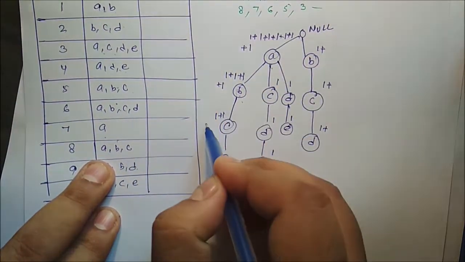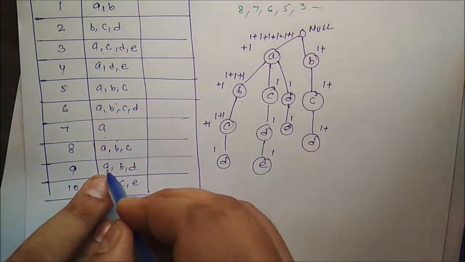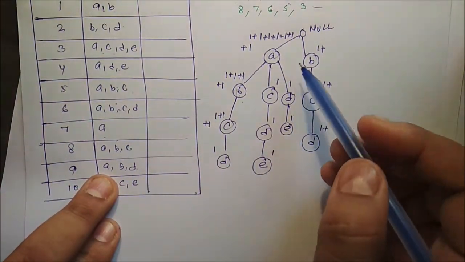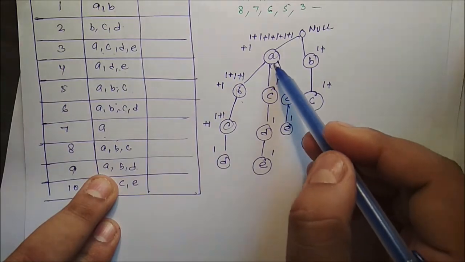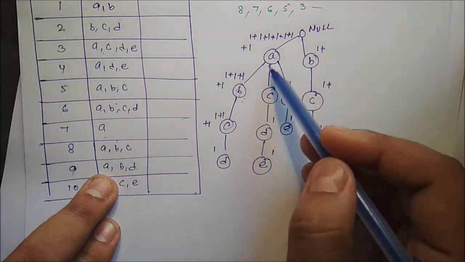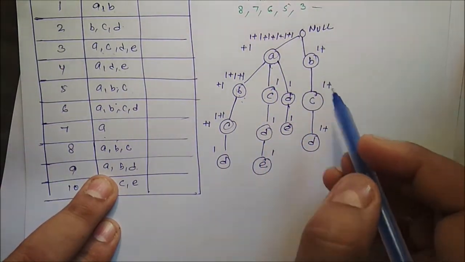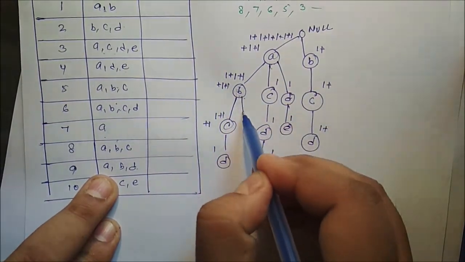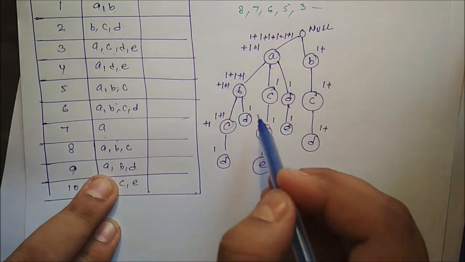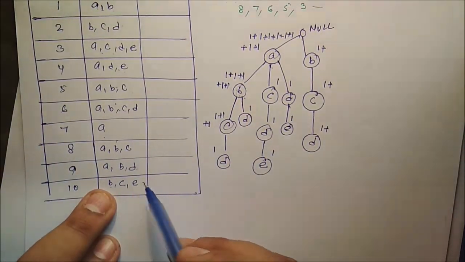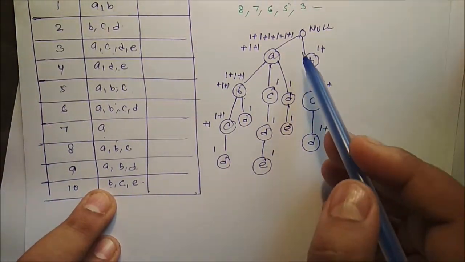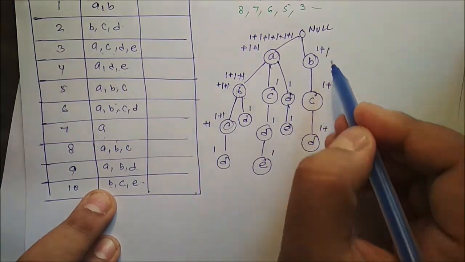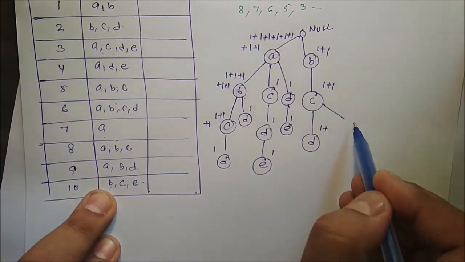Then ABD. Okay, A is there, B is there, though there must be another branch. So ABD, A1. Then BCE. So we can write B starting from B, then C, then E.